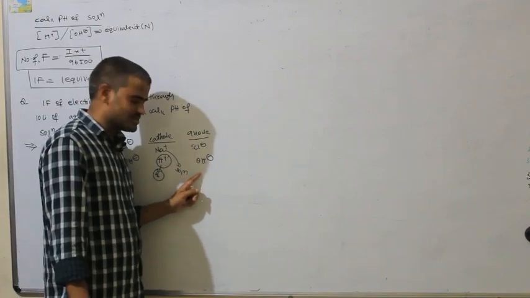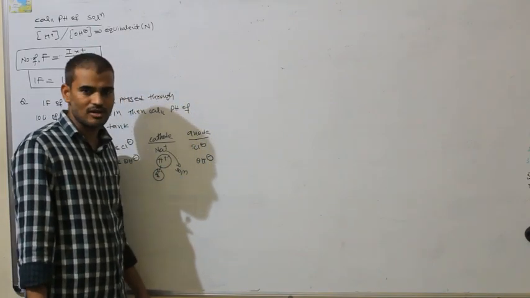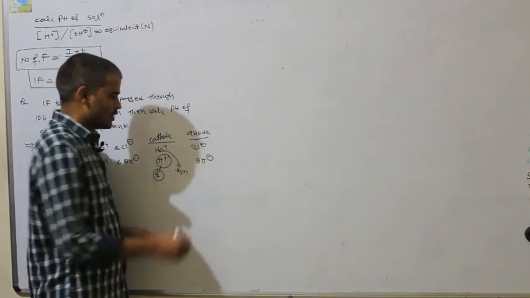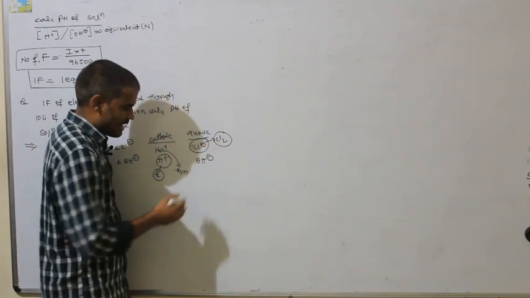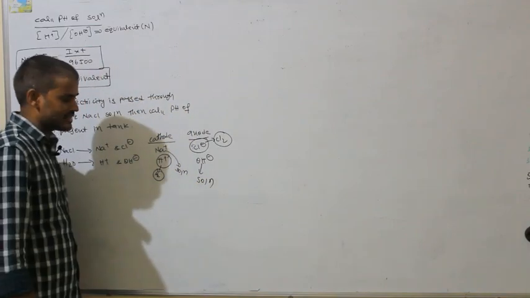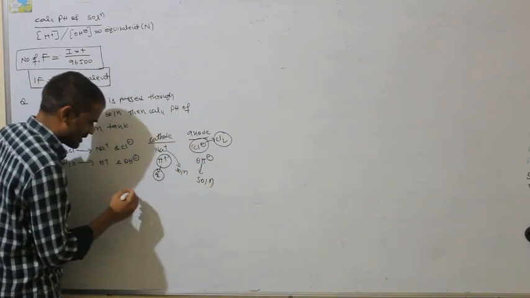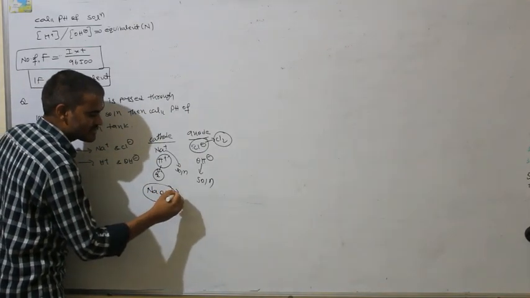Among Cl minus and OH minus, chloride and hydroxide, which will be liberated at the anode by oxidation? According to deposition order, chloride will go as Cl2 and OH minus will remain in solution. So in solution what remains? From the cathode Na plus, from the anode OH minus. So the solution is NaOH. NaOH means basic nature.